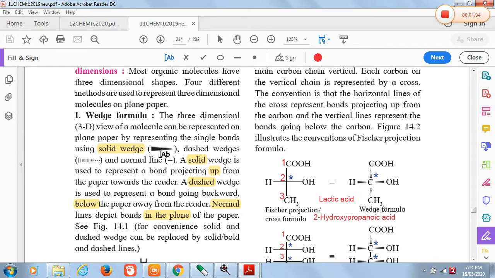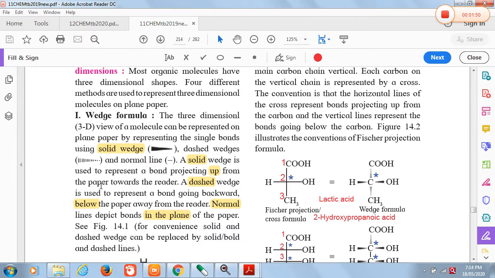This is solid wedge. Then this is the dash wedge and this is normal lines.